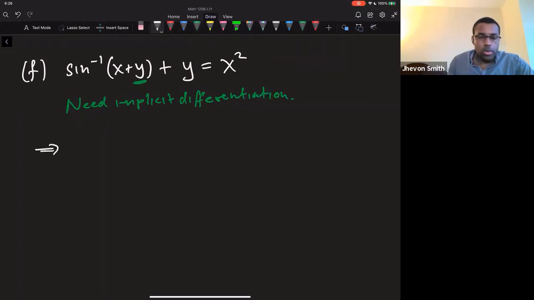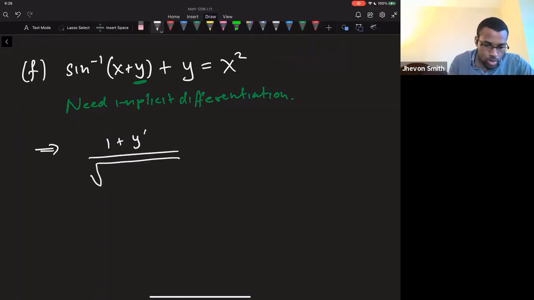So it's u prime over the radical of 1 minus u squared. For u prime, you have to differentiate x plus y. So that's 1 plus y prime over the radical of 1 minus u squared. The derivative of y is y prime, and the derivative of x squared is 2x.